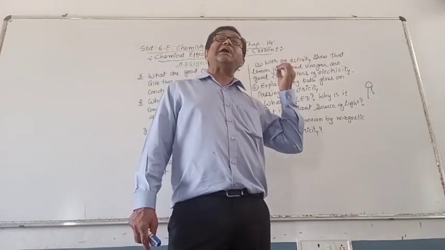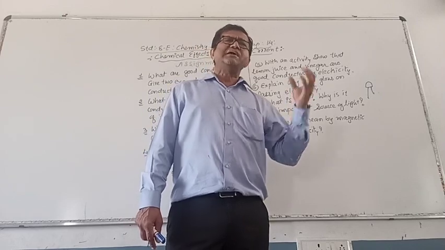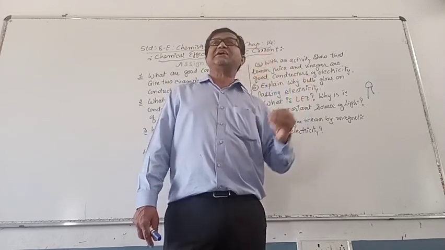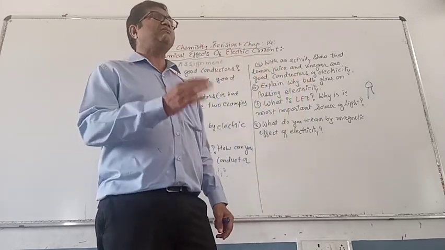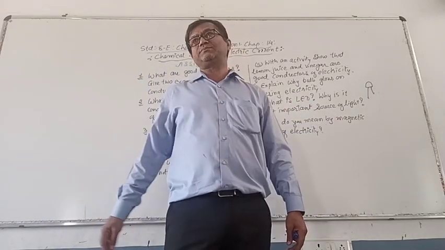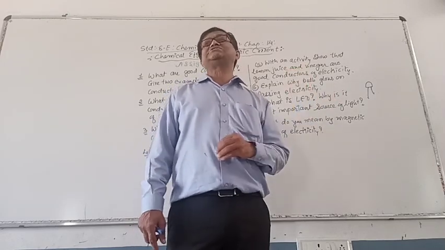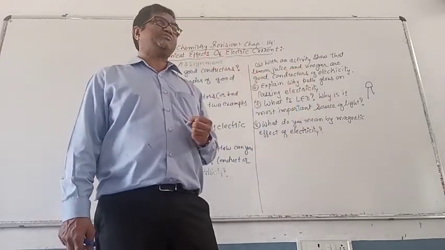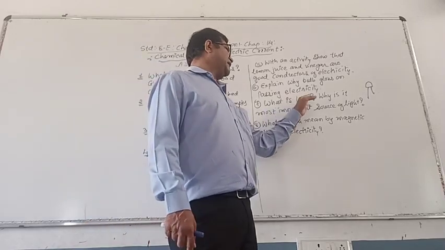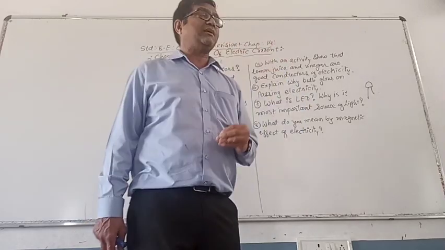Therefore, we can easily understand whether the given material is conductor or insulator. And it saves electricity also. It uses less power, and therefore LEDs are more important than the normal bulbs.